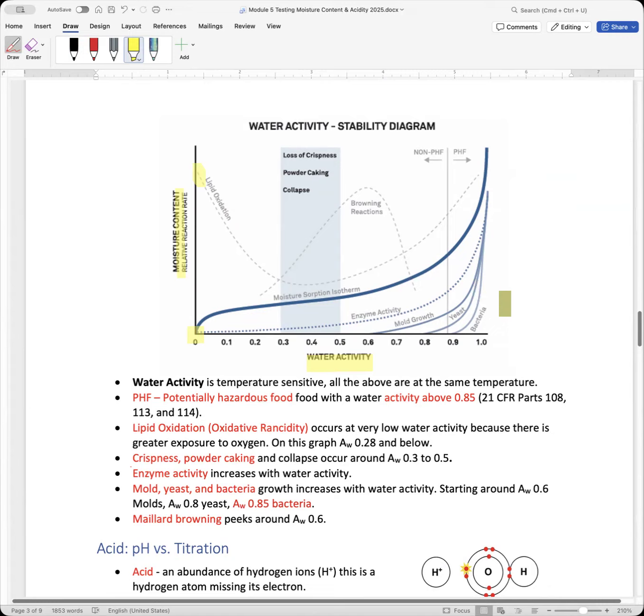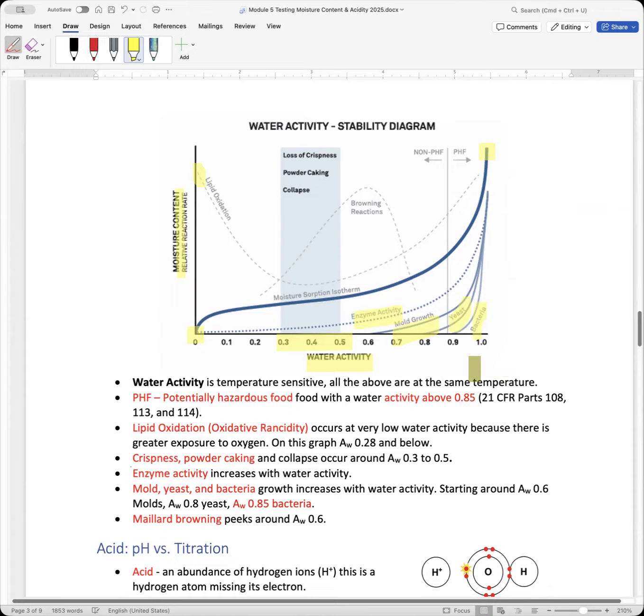If we go to the other extreme, something that has a high moisture content and a high water activity, then we see a lot of biological activity: mold growth, bacteria, yeast, enzyme activity. So the more water we have. In between, we have a loss of crispness and powder caking. And once we get here, the more water there is, the increase in enzyme activity, mold growth, yeast, and bacteria.